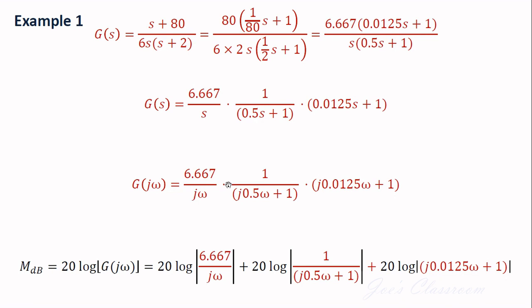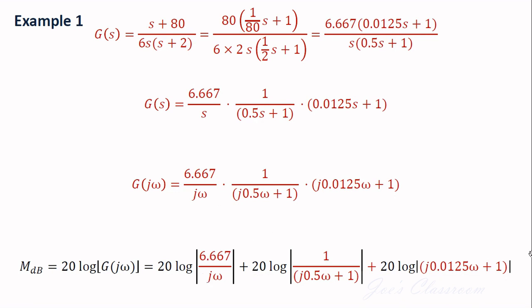plus 20 log of the magnitude of this function and 20 log of the magnitude of this function. All the magnitudes in decibels have to be added together. This makes my job easier because here it was multiplication, but when I converted this into decibels, all the multiplications became additions.